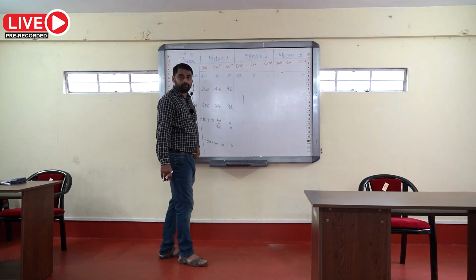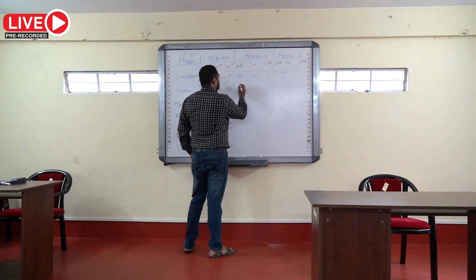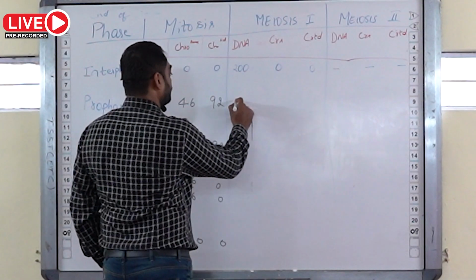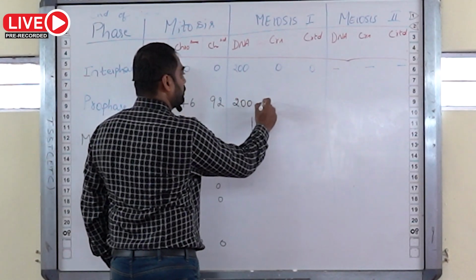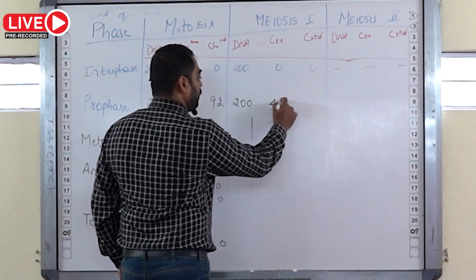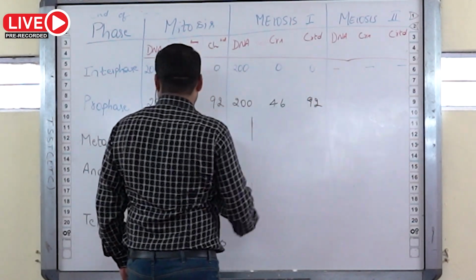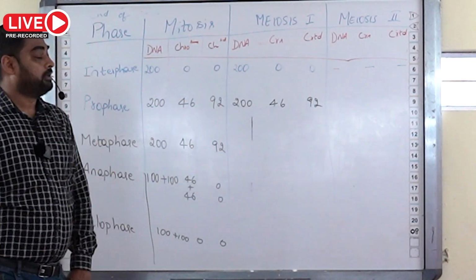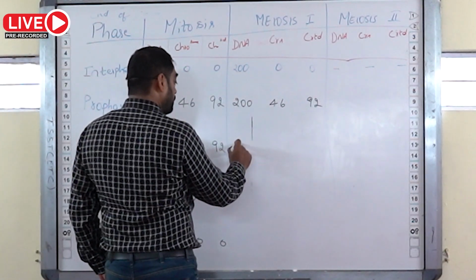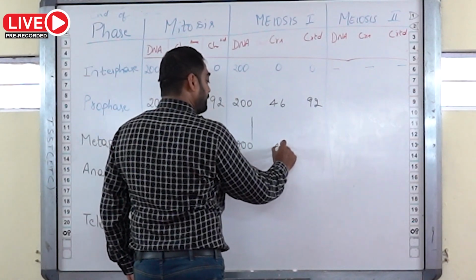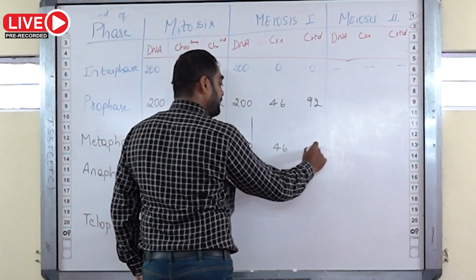Now we'll do this for meiosis. At the end of prophase, meiosis 1, DNA 200, chromosomes 46, chromatids 92. At the end of metaphase, DNA 200, chromosomes 46, chromatids 92.